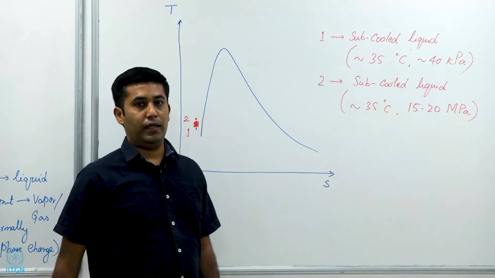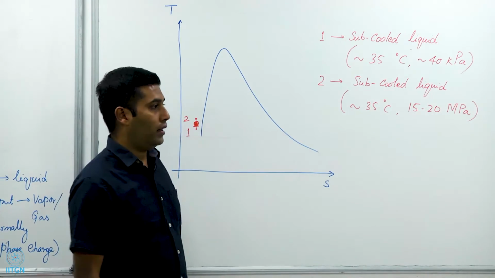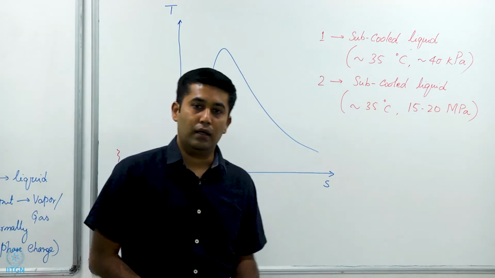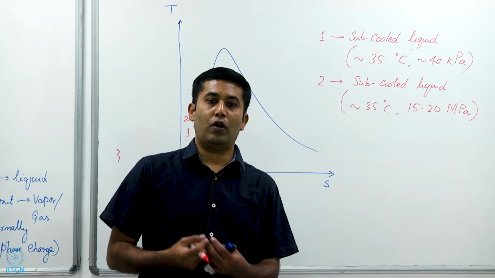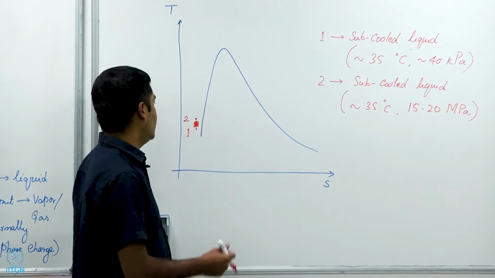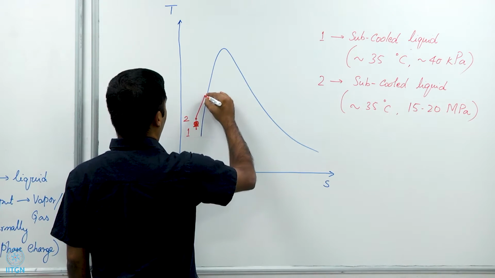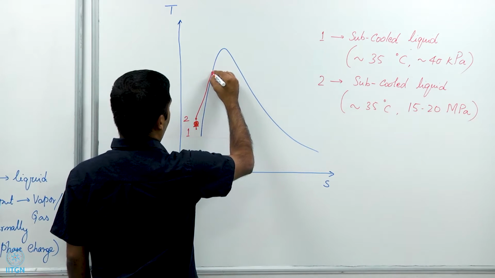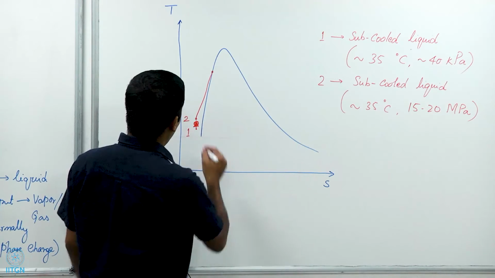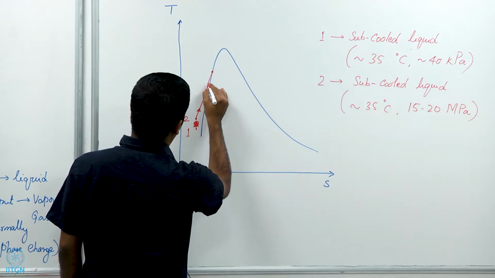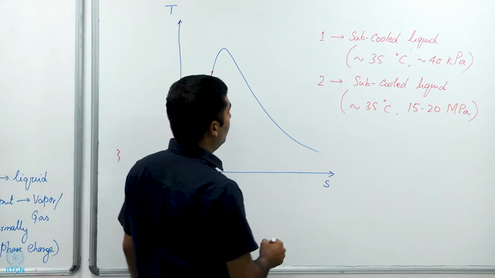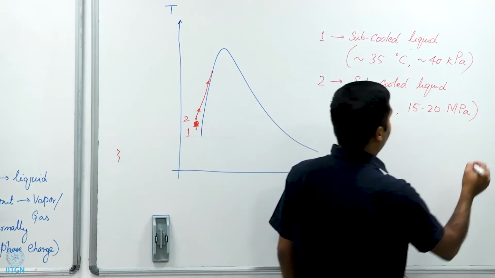And then we provide heat to this fluid, and therefore we raise its temperature and move along an isobar from 2. So 2 is at a higher pressure, but we move along an isobar and reach saturated liquid state, and this is heat addition. So let me also write the process here.